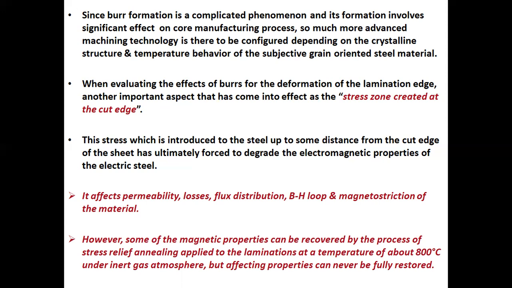However, some of the magnetic properties can be recovered by the process of stress relief annealing applied to the laminations at a temperature of about 800 degrees centigrade under inert gas atmosphere, but the affected properties can never be fully restored.